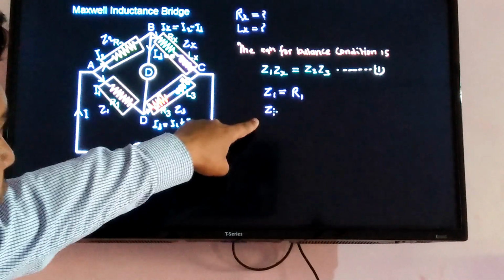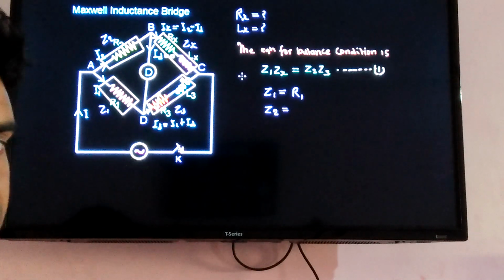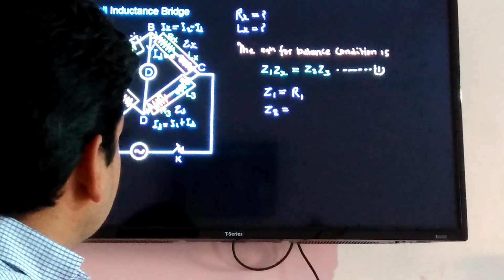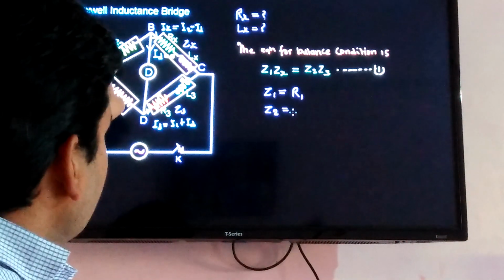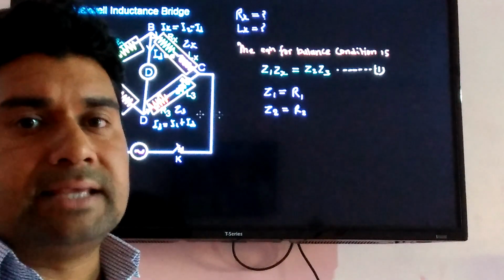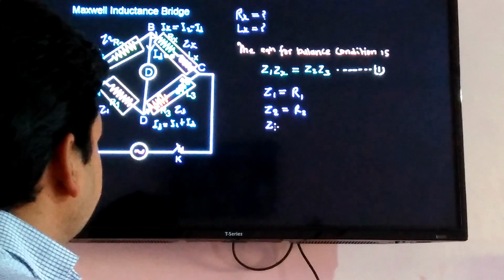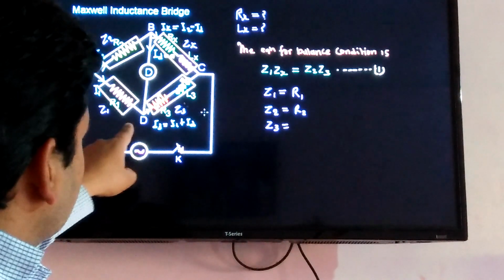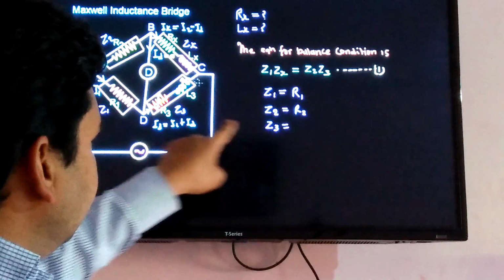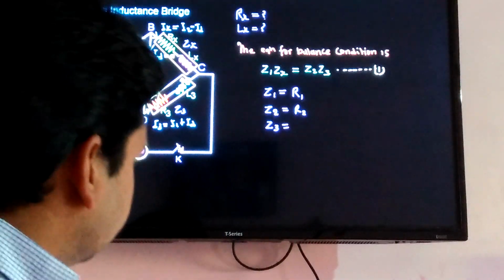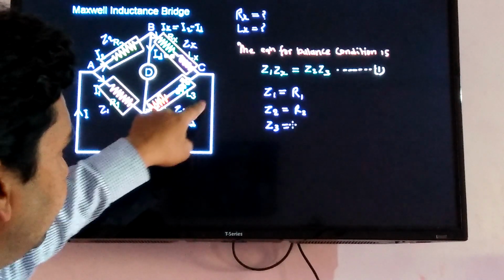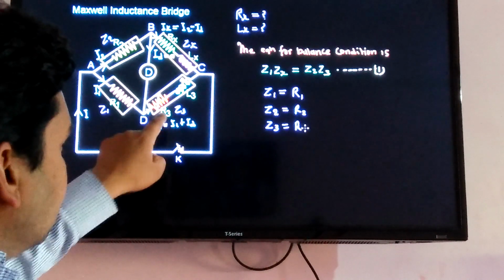Similarly, the value of Z2 is the pure resistance R2. Similarly, the value of impedance Z3 is given by the resistance R3 and inductance L3.